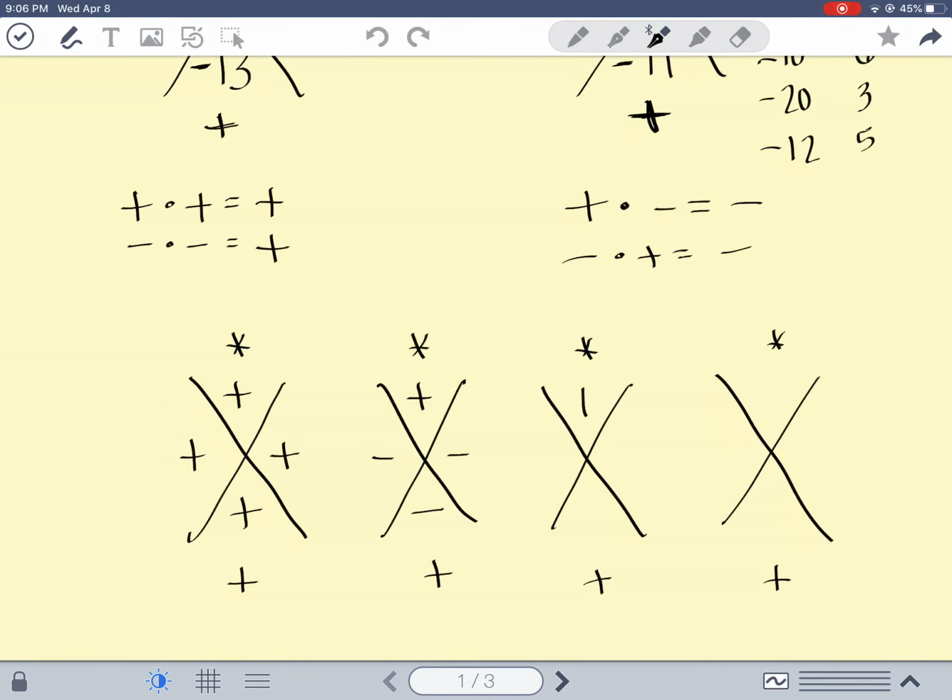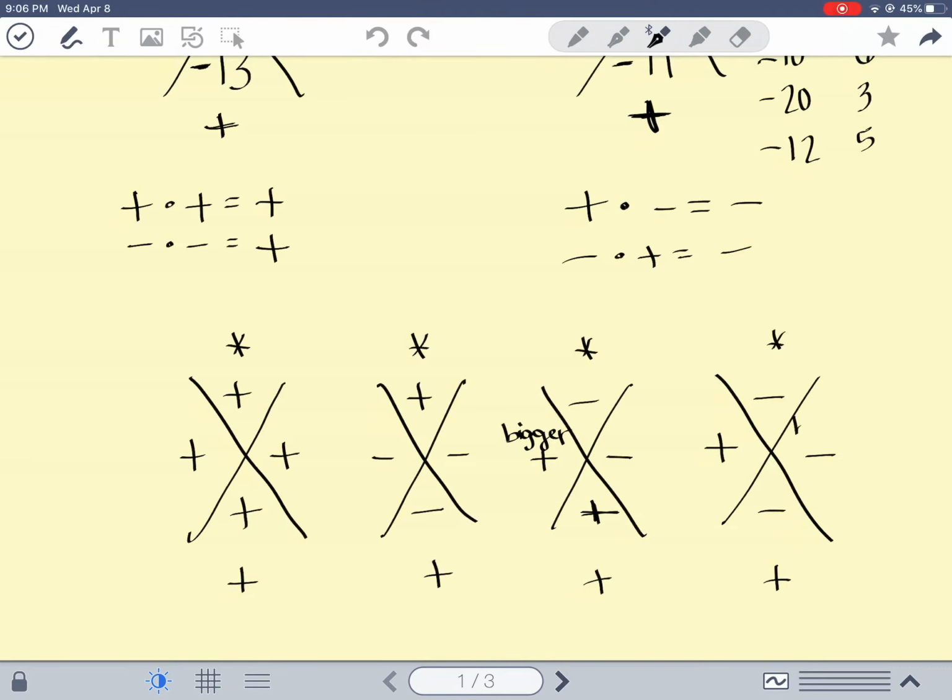If we're multiplying to a positive but adding to a negative, both of these will be negative. If we're multiplying to a negative, that's when we have one of each sign. And then if we're adding to a positive, that means our positive is going to be bigger. That means we have more positives than negatives, because when we add them together, we're in the positive.